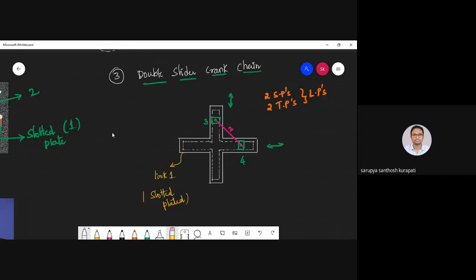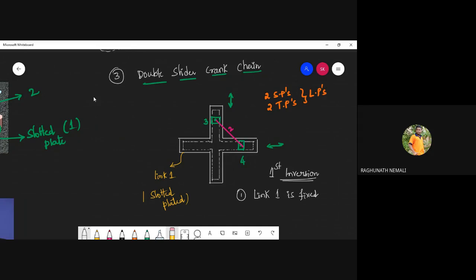I need to fix. It is a double slider crank chain, so I'm going to take the first inversion. I'm fixing one link. I'm going to fix this particular slotted plate. So first I'm fixing link 1, which is a slotted plate.